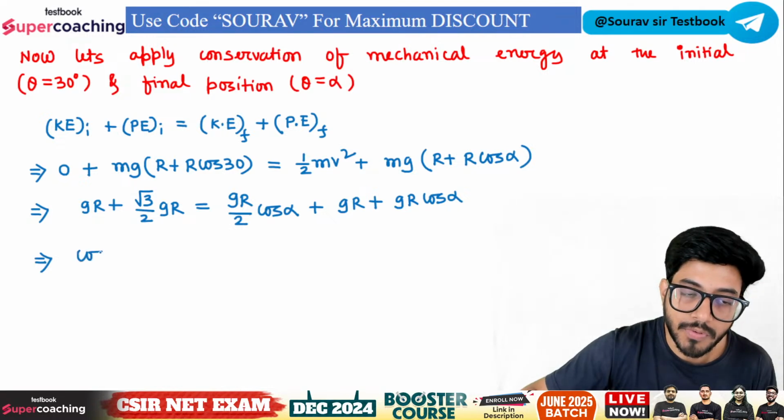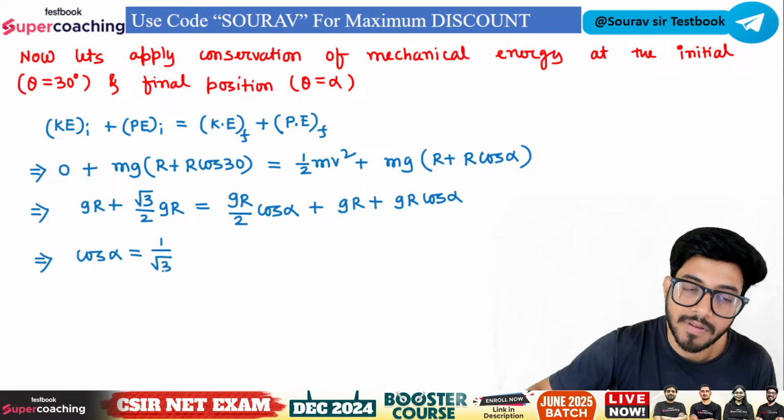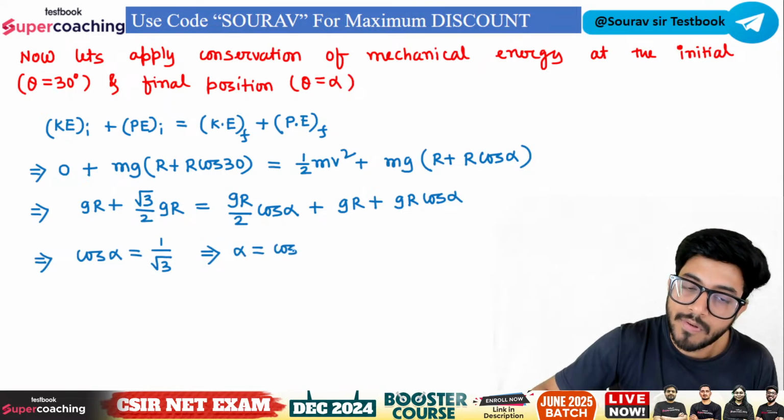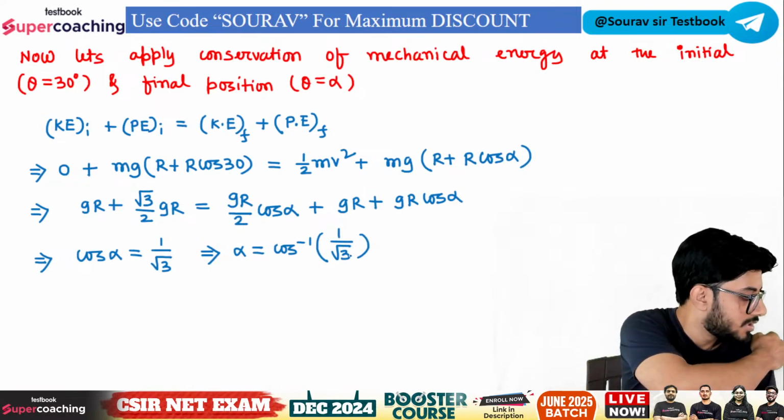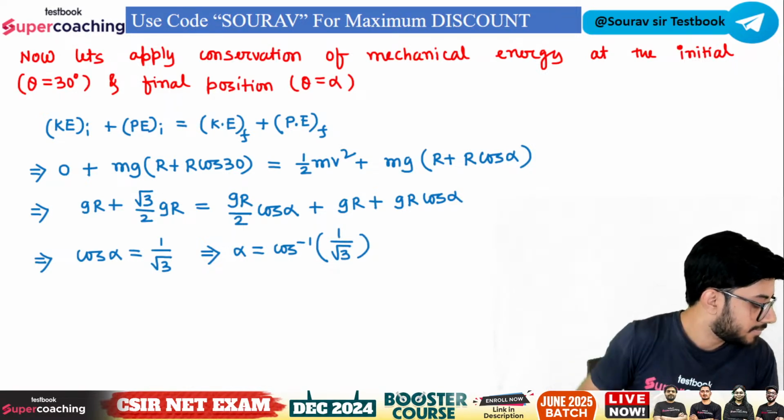So I'm getting cos alpha is 1 by root 3, and therefore alpha is equal to cos inverse of 1 by root 3.